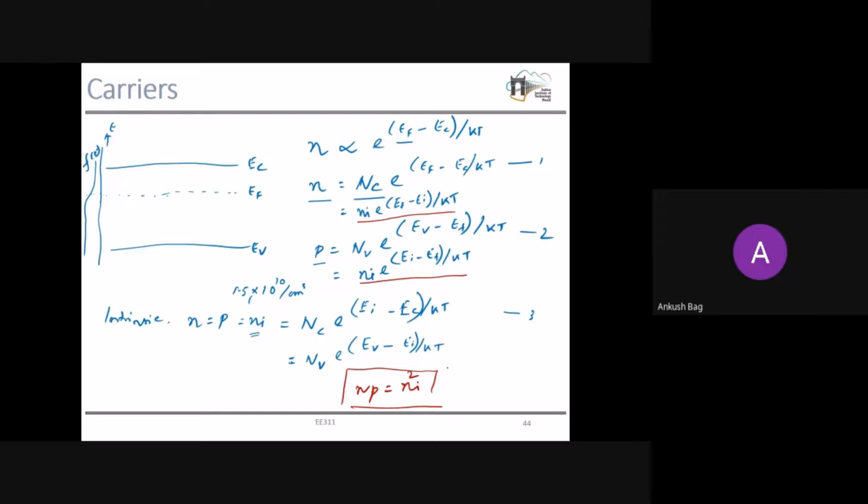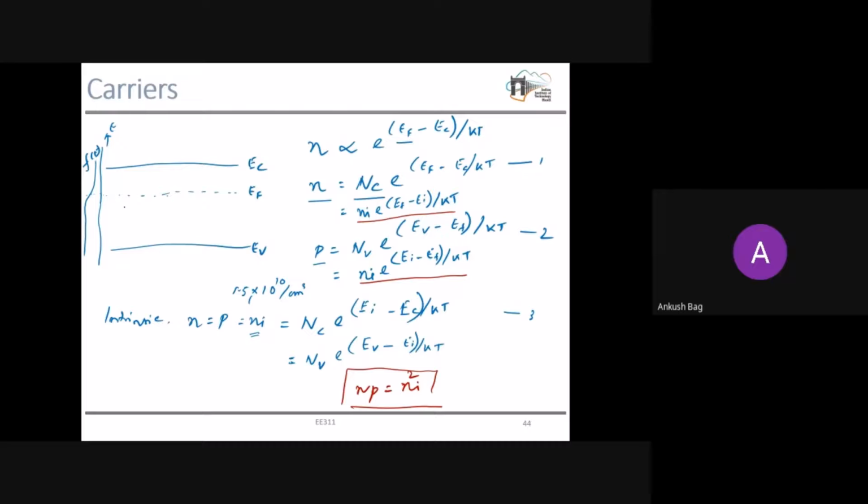So now from this equation, a few more understandings. You can now see the number of electrons in the semiconductor depends on the difference between EF and EI.